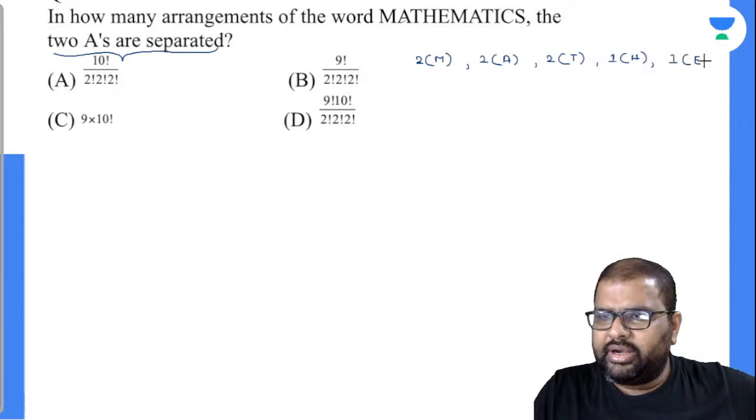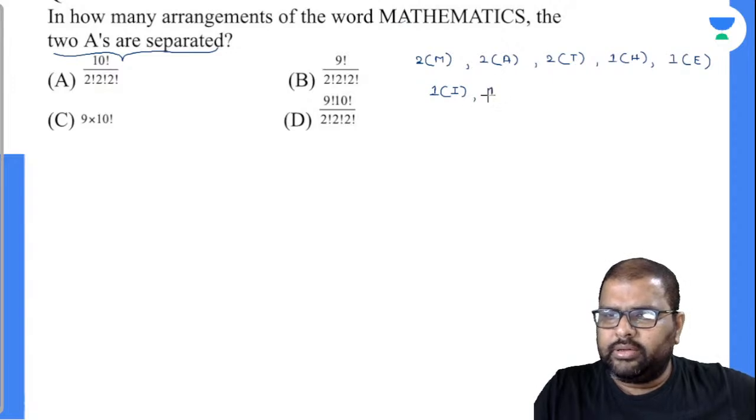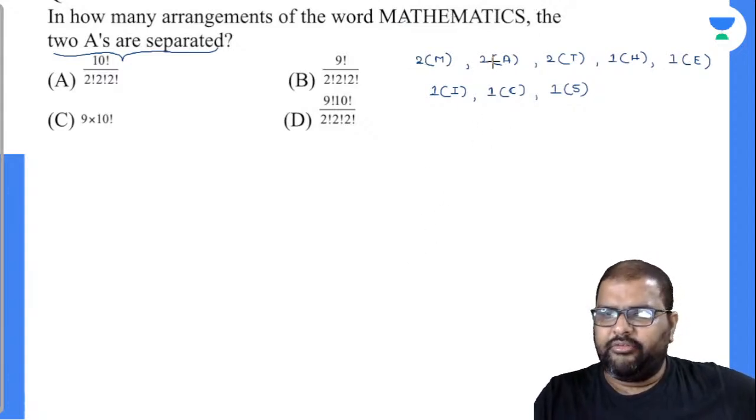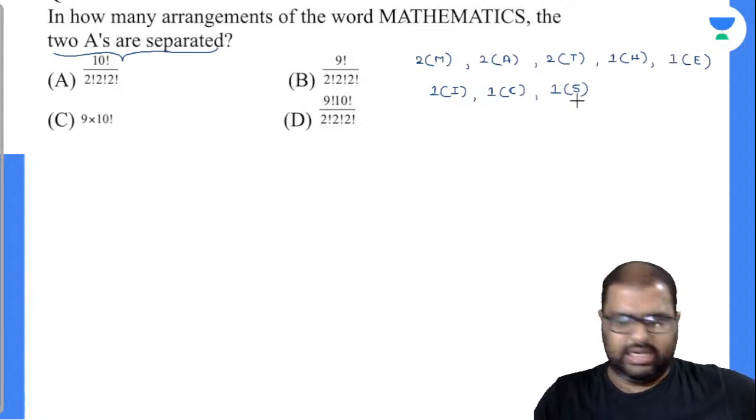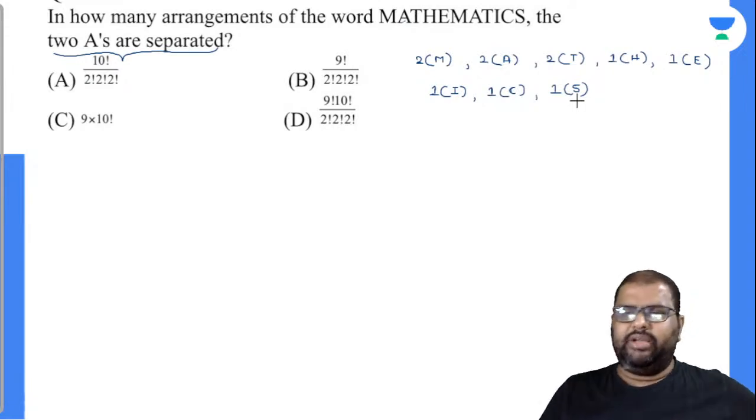M I have already written there. A, T I have already written there. 1 I, 1 C, 1 S. How many are there? Calculate. 4, 6, 7, 8, 9, 10, 11. Yes, perfect. So everybody knows there are 11.